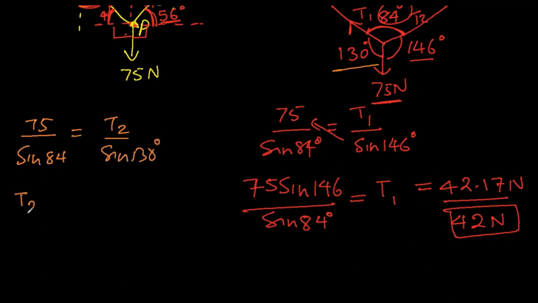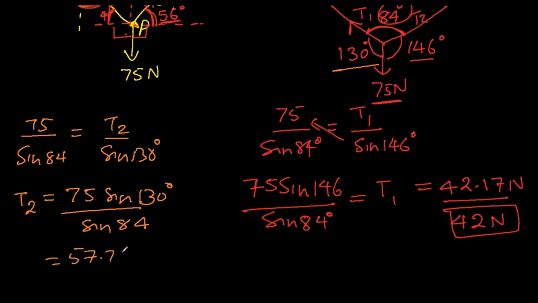So T2, just like T1, will be 75 sine 130 degrees over sine 84 degrees, and let me use it. We got 57.76, and to the nearest whole number it will be 58 Newton.